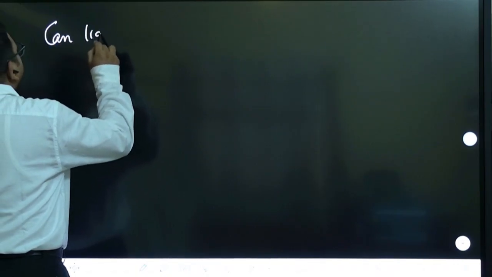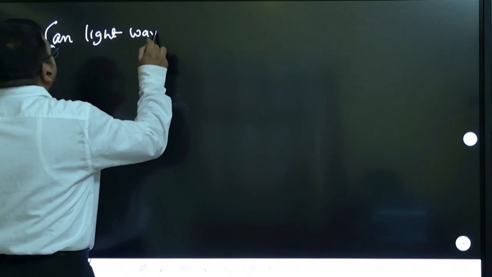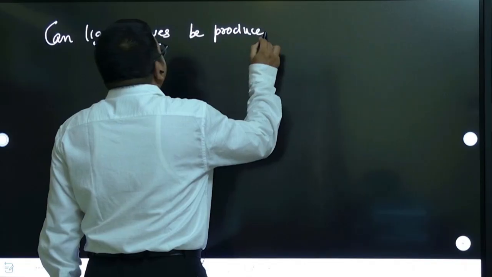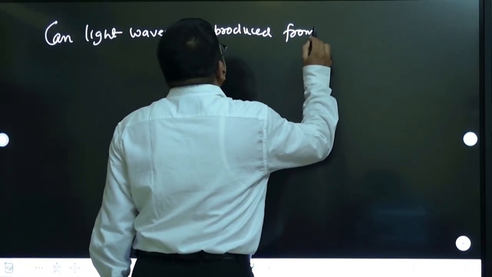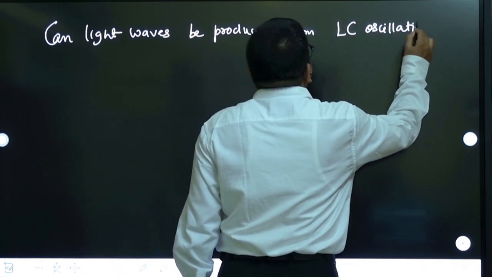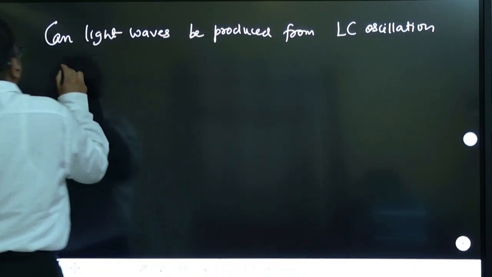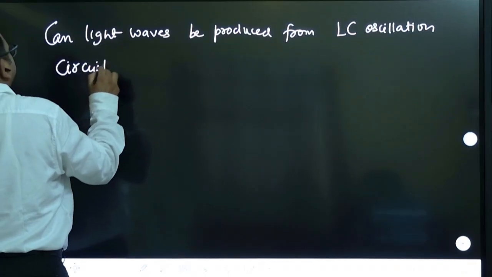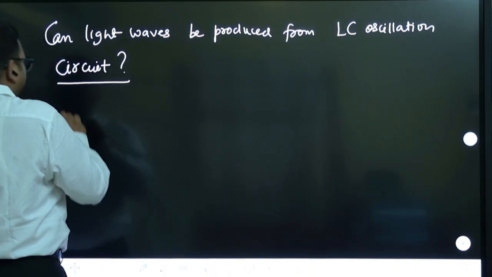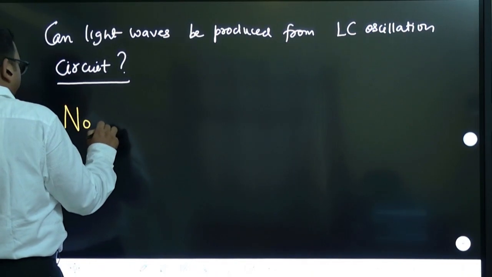Can light waves, because light is also an electromagnetic wave, be produced from an LC oscillation circuit? The answer is no.